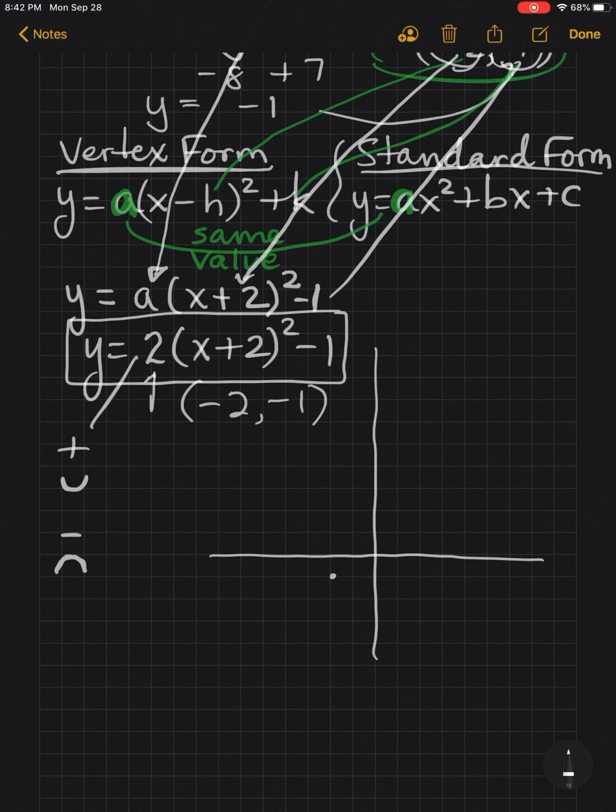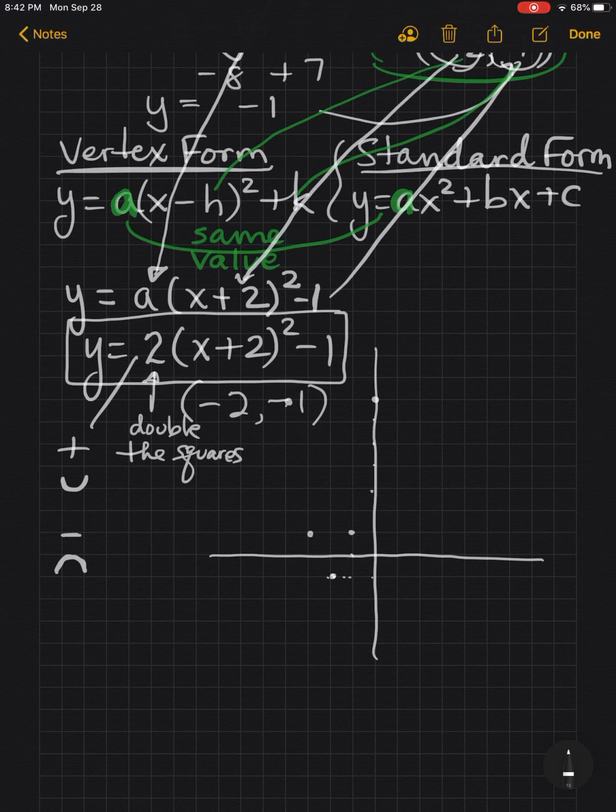So I have to look. This is a 2. So that means I'm going to double the squares. Pay extra close attention to this. Double the squares. 1 squared is 1, but I'm going to double that to 2. 2 squared is 4, but I'm going to double that to 8.